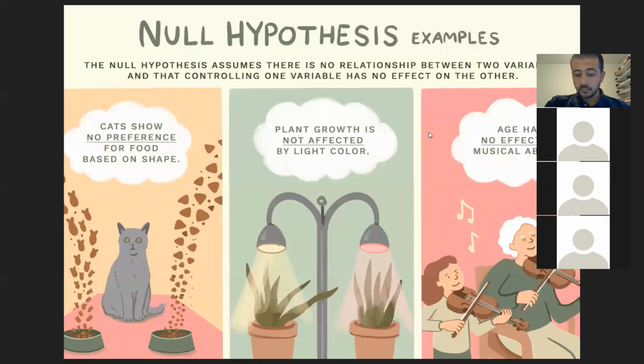If we move on, what is the null hypothesis? The null hypothesis is when I come to you and I tell you that before and after these sessions, we will be the same. We won't learn anything. Why do I tell you that? I tell you that because actually I don't believe in it, but I need to prove that this hypothesis is wrong.